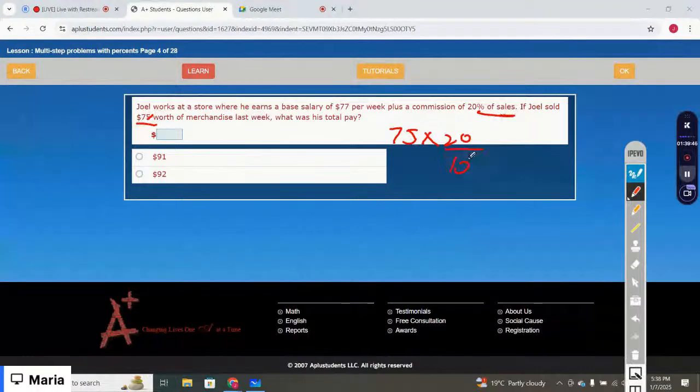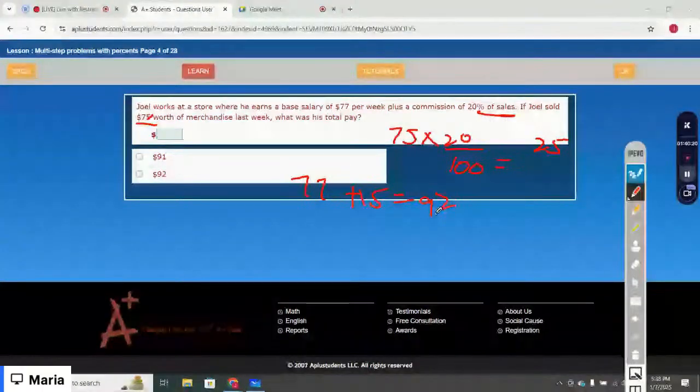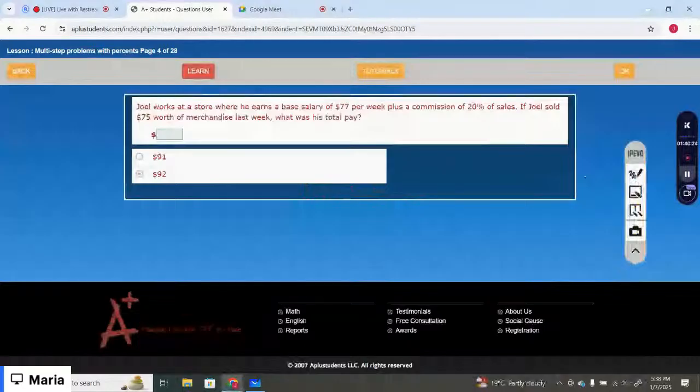So 20% of $75 is 15. So 77 plus 15 is $92. So the correct option is option number 2, that is $92.